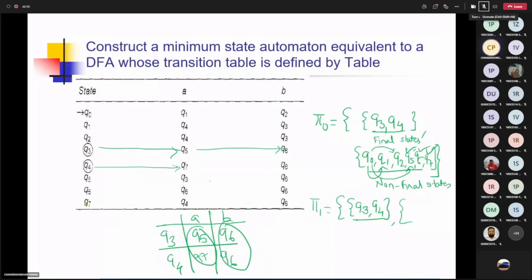We are going to minimize it to fewer than 8, so that is either 7, 6 or 5. Up to what extent have we minimized it?